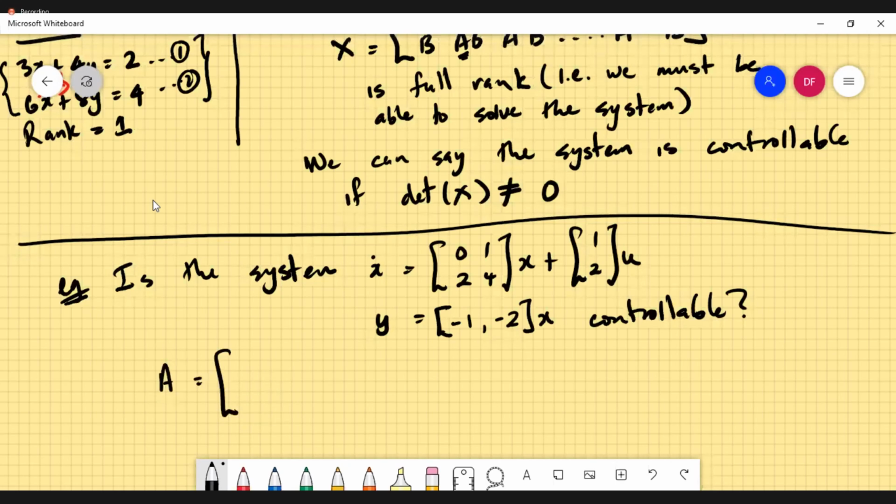A is [0, 1; 2, 4], and B is the input matrix, which is [1; 2].